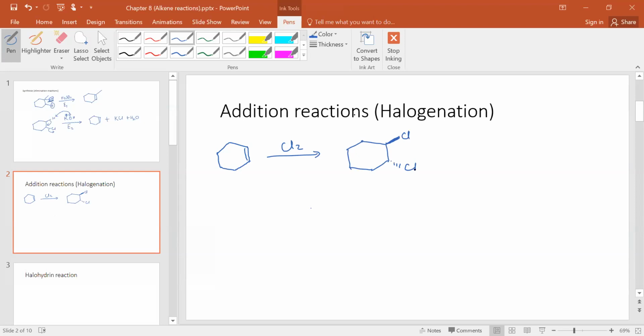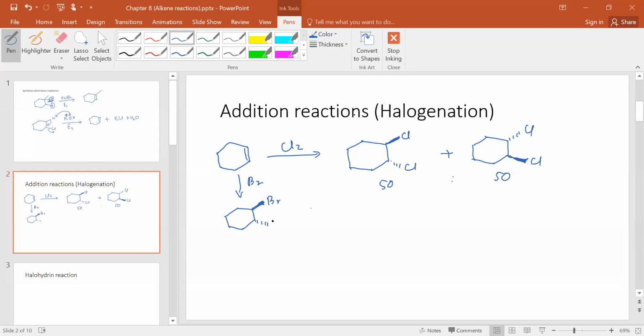So the product could be like this. Both chlorines will be anti, and the two products form 50-50. Similarly, with bromine, bromine will also be added, and these two products will form in a 50-50 ratio.